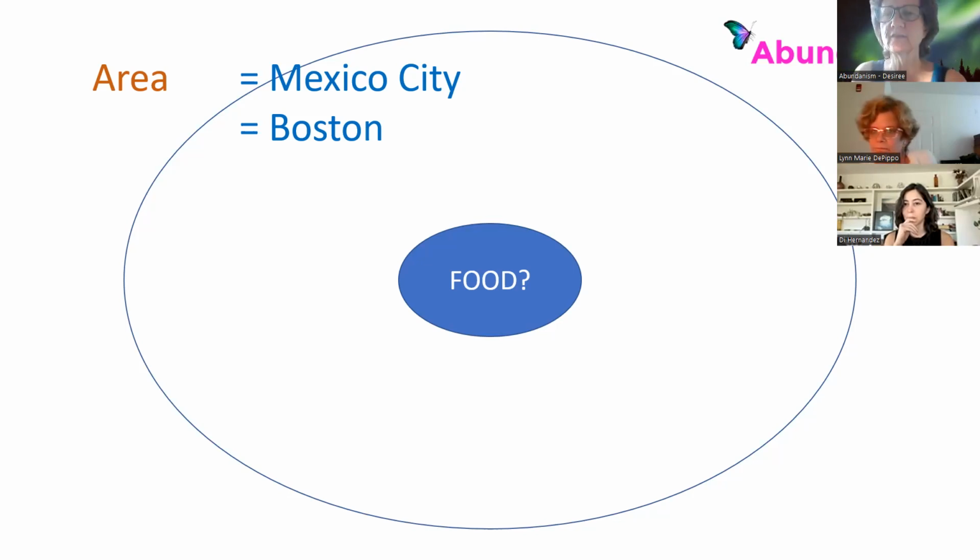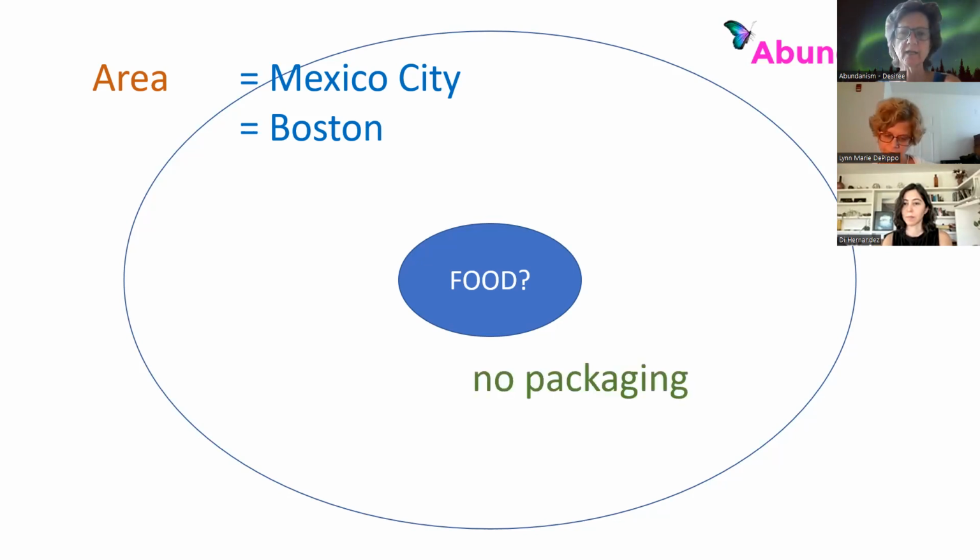Yeah, we'll see later in the system what kind of things are happening also here in Europe, because there are really a lot of things happening here that you might be interested in. But if we look at no packaging, it helps to sometimes start with something that you think, how can that be?